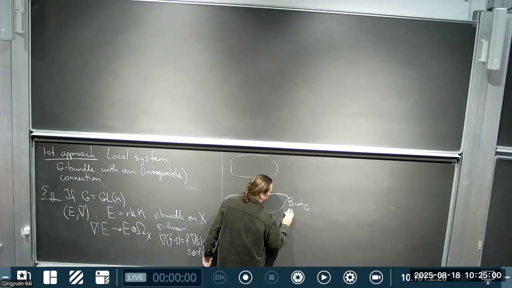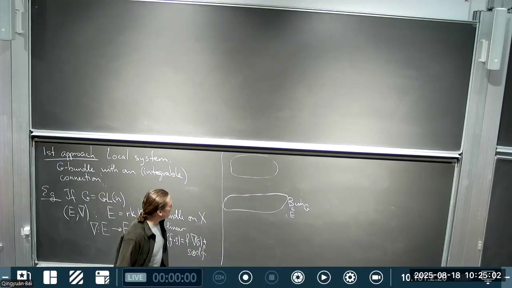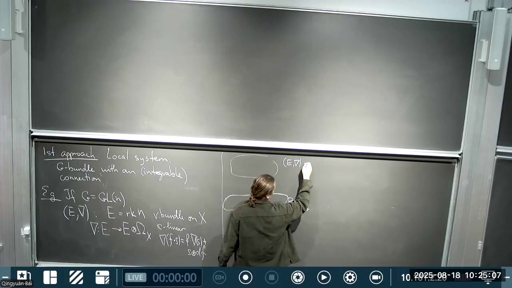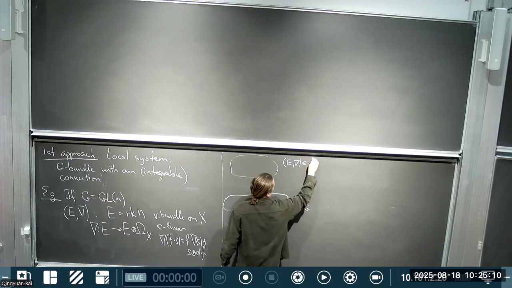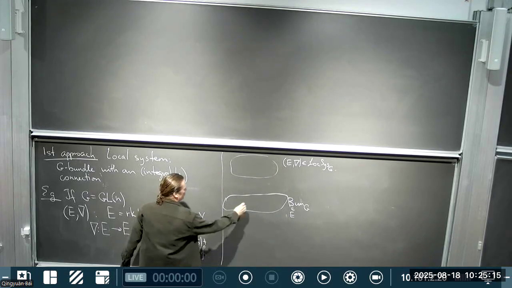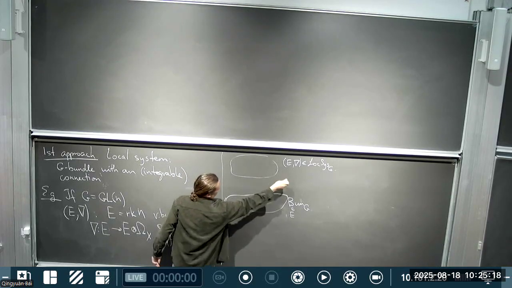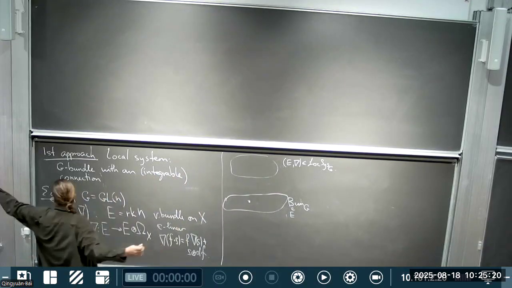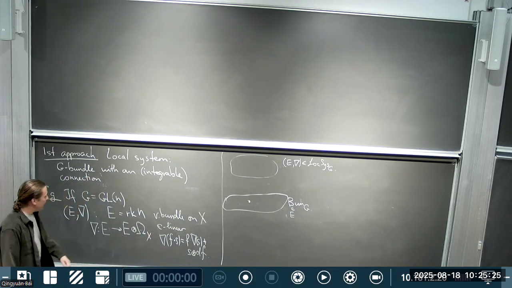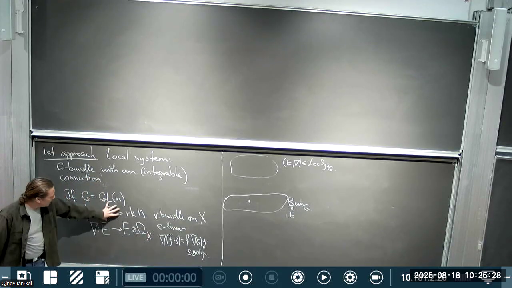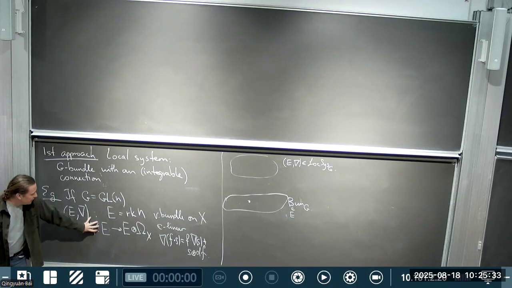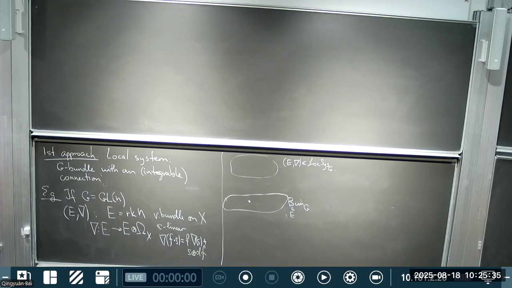There will be just individual vector bundles upstairs, and then I can make an extra choice of a connection and get a point of this space of local systems. And moreover, it's not hard to see that if a vector bundle is fixed, then connections on a fixed vector bundle will form an affine space.